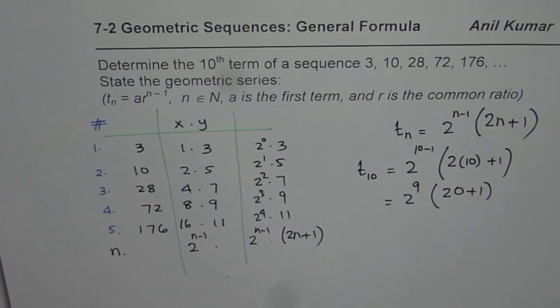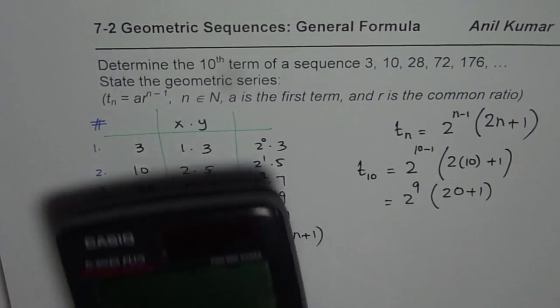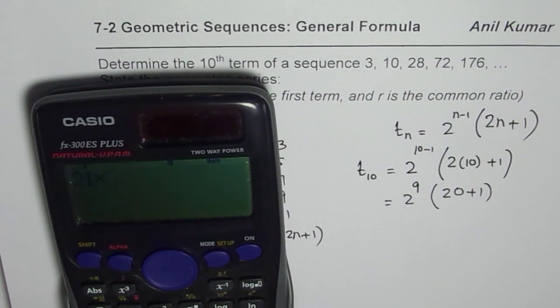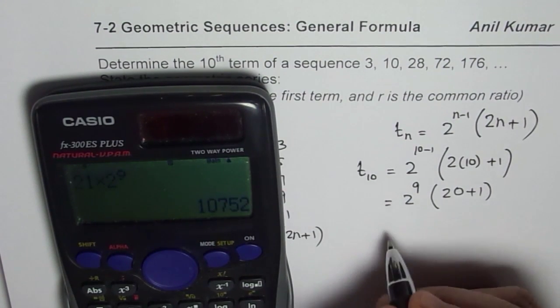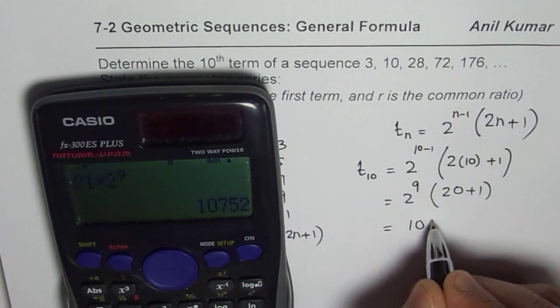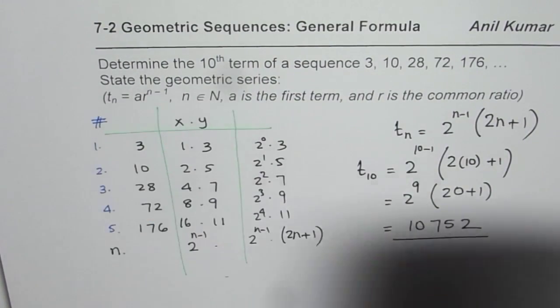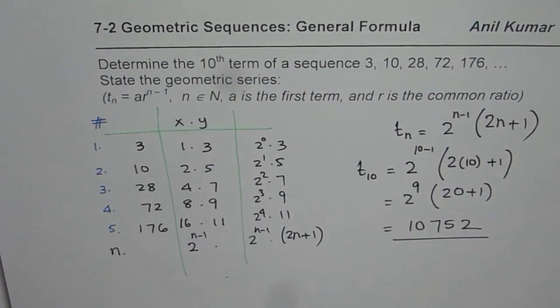Well, we can use a calculator and multiply 21 by 2 to the power of 9. What do we get? We get 10752. So that is the 10th term of the given sequence.